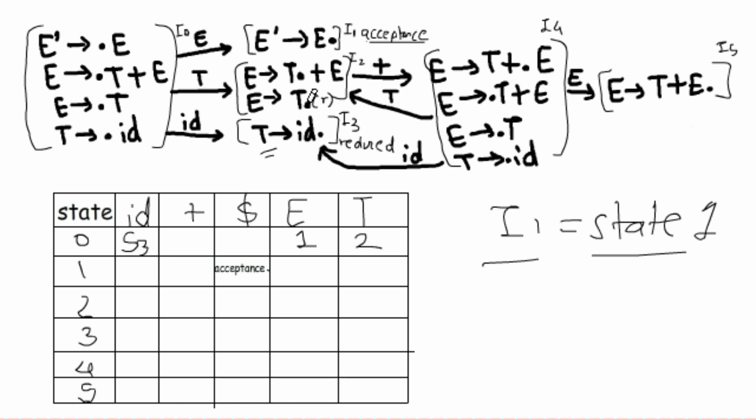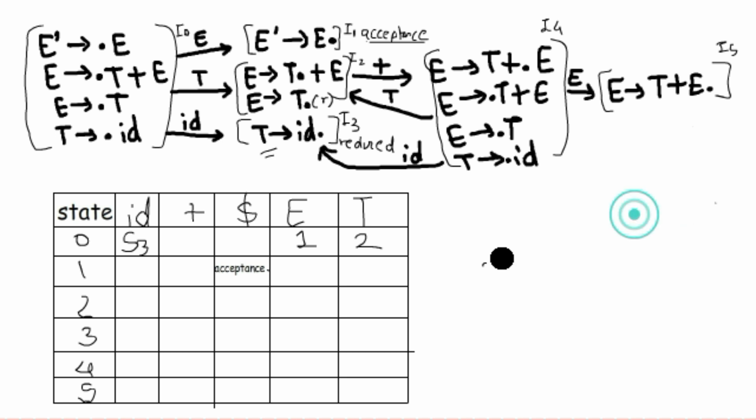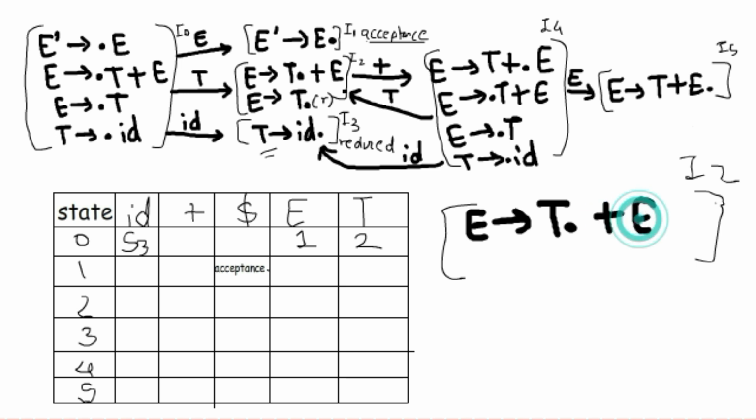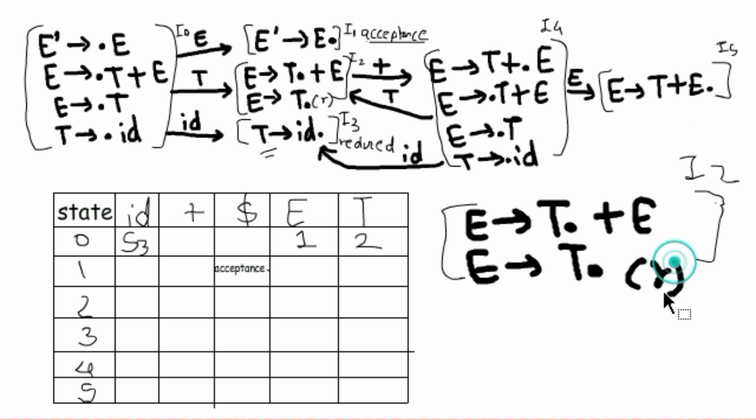So I'll just write it here. This is item number 2. In this, there is E tends to T dot plus E, I'm just copying this, and E tends to T dot. And this is a reduced term, because after dot, you cannot go anywhere else. So this is the final reduced term.